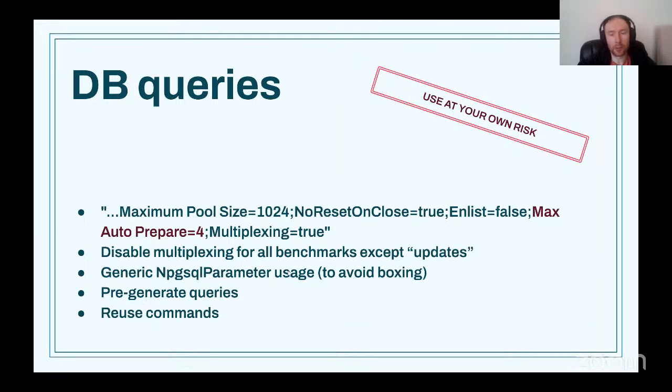When you pass, for example, integers there, it avoids boxing in that case. Also, I pre-generate queries for several benchmarks and reuse commands. This goes in line with the advice I gave earlier that you need to reuse the objects in your applications, and that gives better performance.